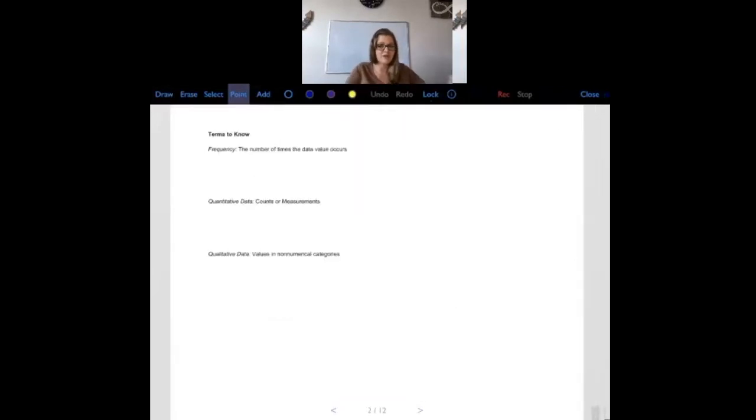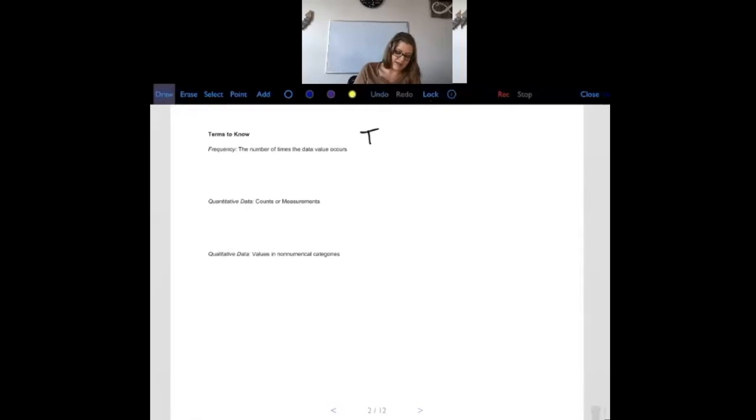So there's a few terms that you need to know for this section. First is the word frequency, and that refers to the number of times that the data value occurs. So in spring, when we first went into quarantine, I discovered TikTok. Let's say that I survey people and they tell me their social media app of choice.